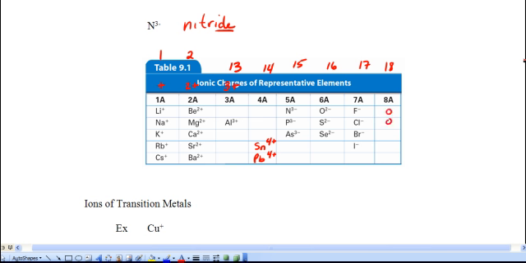They do not react, so these are all 0 charges. They do not form charged particles, for the most part. The halogens, being 1 away, will form -1s. The oxygen group, being 2 away from the noble gases, form -2s. And the nitrogen group, being 3 away, form -3. But again, you do not have to memorize those.